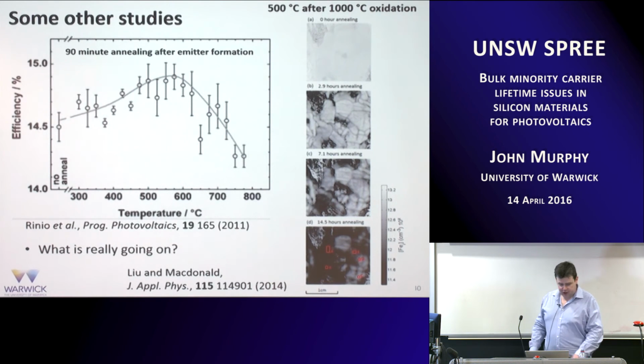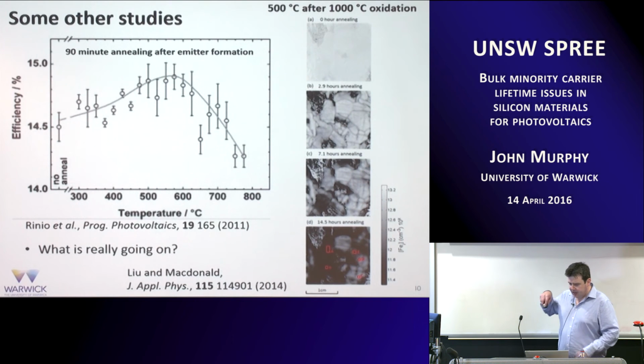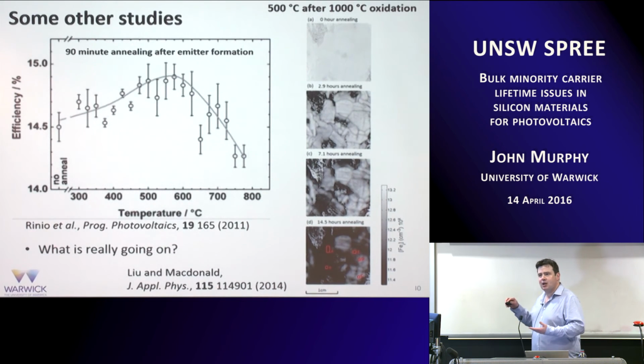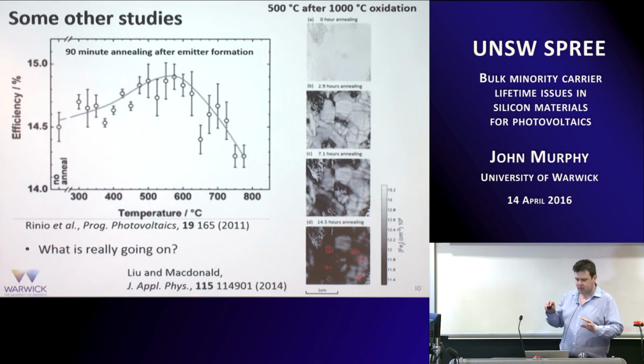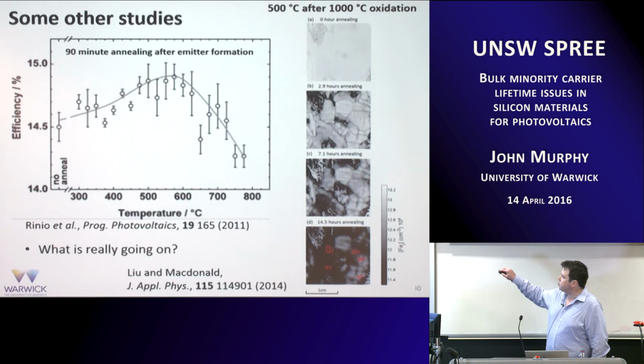Also, there's some work at ANU by Anyao Liu and Dan MacDonald, where they did internal gettering after oxidation. So they did the surface passivation by thermal oxidation. Now, actually, the devil's in the detail with all these experiments. So the Hamlin work was using silicon nitride. There was a hydrogenation risk there. The Renewable work was good, but it was done on completed cells.